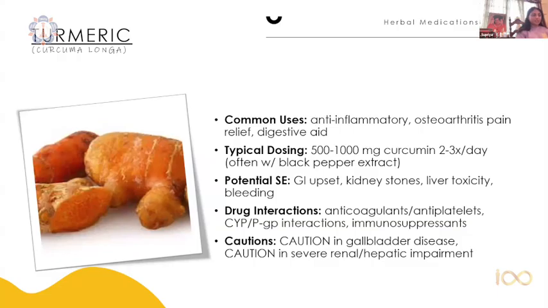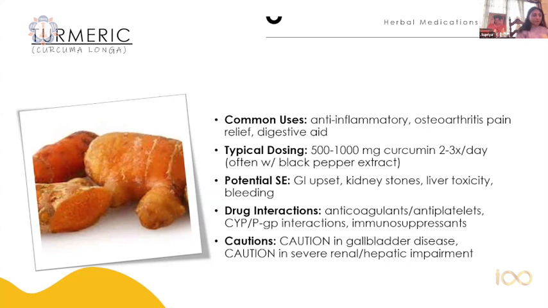And just like some of the other herbals, it can cause kidney stones because it increases urinary oxalate levels, which bind with your calcium to form calcium oxalate. So if you have kidney stones, be cautious of this one. If you're on immunosuppressants, be cautious of this one because it can be activating.